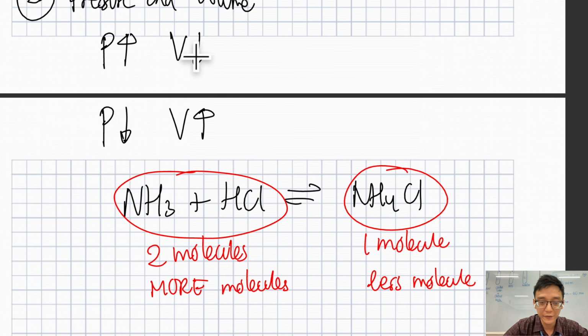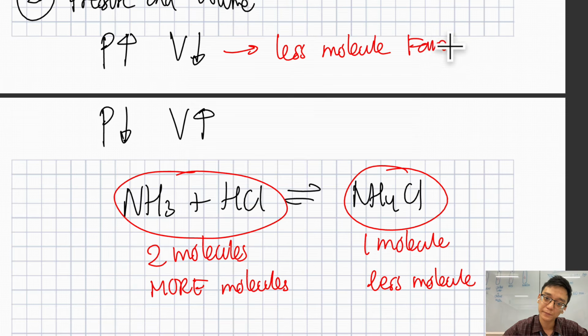So if you decrease the volume, it will favor the side with fewer molecules. While if you increase the volume, the side with more molecules is favored.